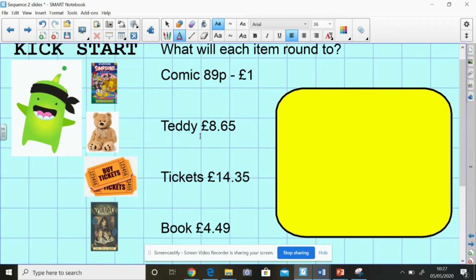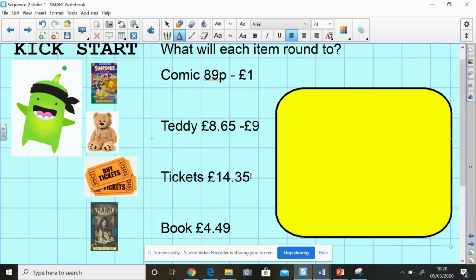If you've drawn a number line, you might be able to see quite clearly. If not, you go to the first digit after the decimal place, which is a 6 in the tenths column. That is 5 and above, so it gets rounded up. So £8.65 gets rounded up to £9.